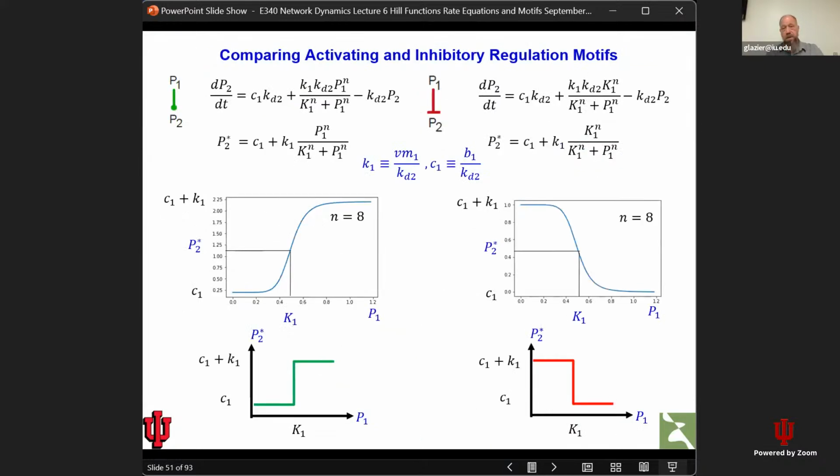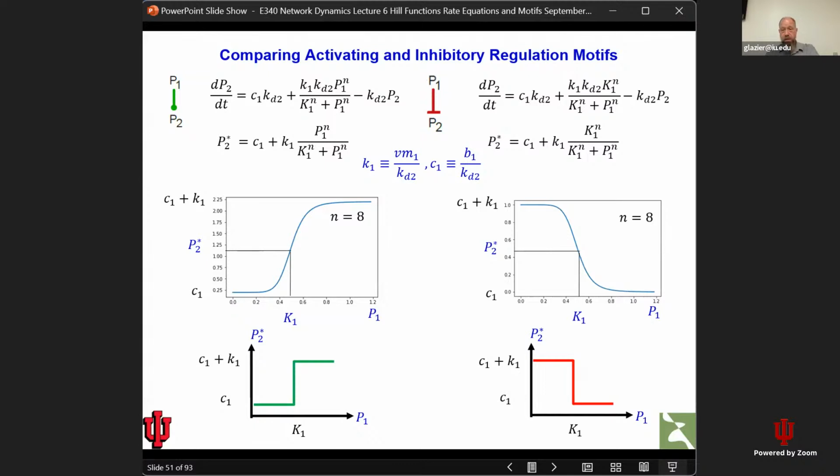Sorry, I'm going to skip the details here, but we can compare these two. The activator has the form: the time derivative of P2 is a constant basal rate of production plus a Hill function of P1 minus a decay rate times P2.